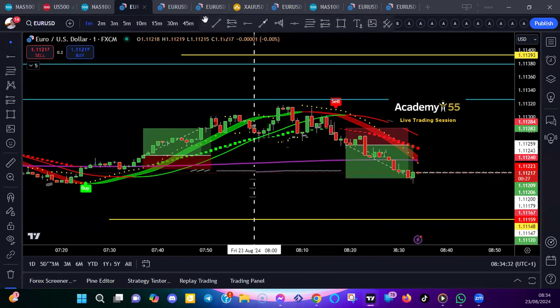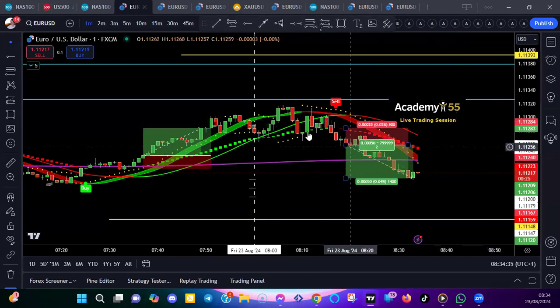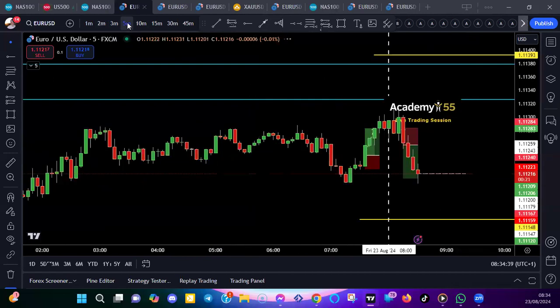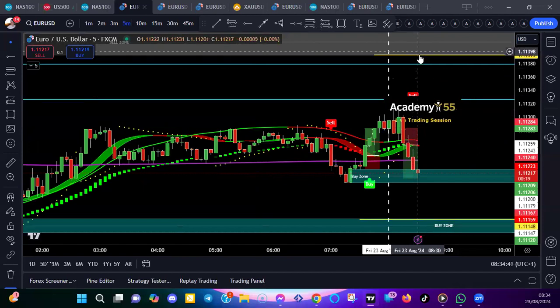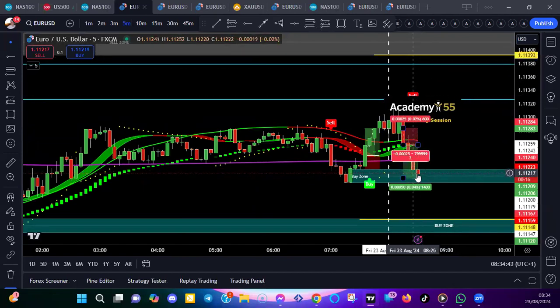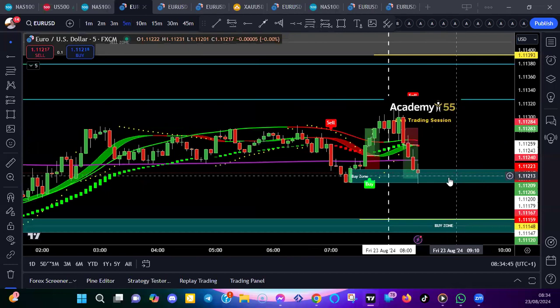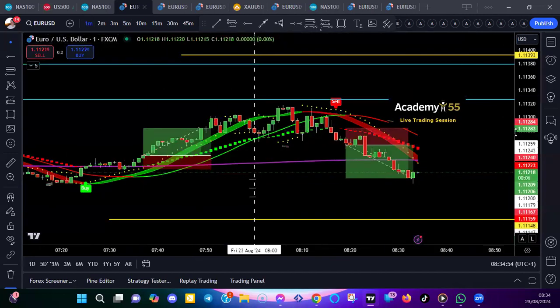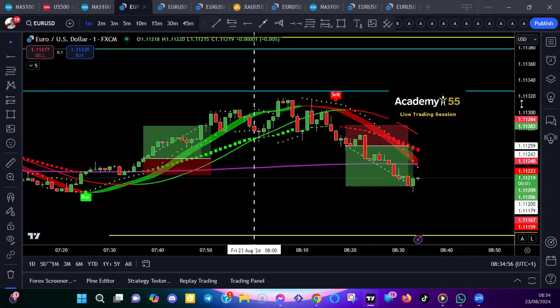I just didn't have the TradingView screen scrunched up enough to do that. See, there we go. And another buy zone has come in here actually. So now we're in a buy zone. But originally, that's the two that he was talking about. It's just that I had it wider so you couldn't actually see it.